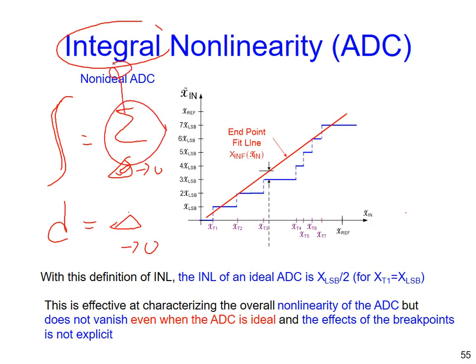Because we sum up each step or each stair, right? The first stair here, second stair, third stair. So we sum them up all the way from the first, I mean the zeros, all the way to this one, for example.